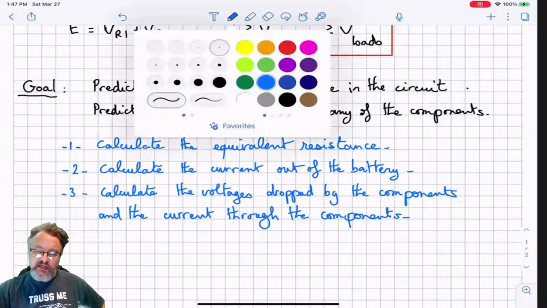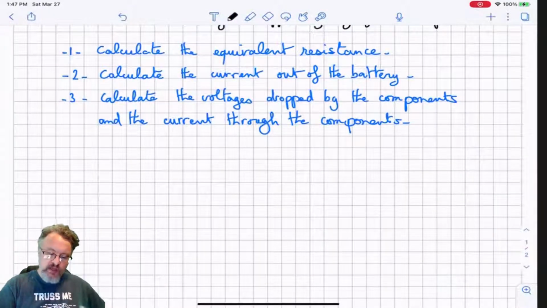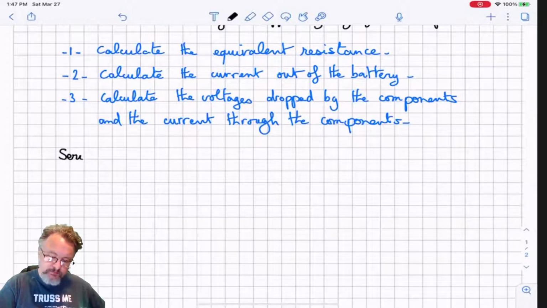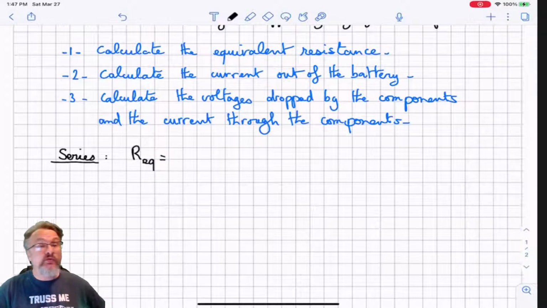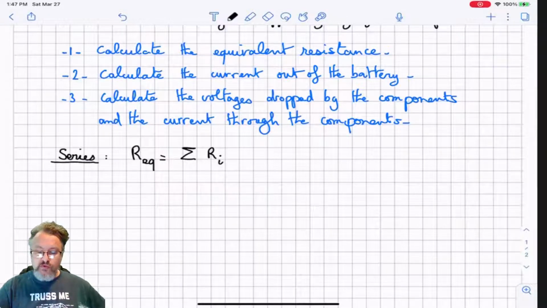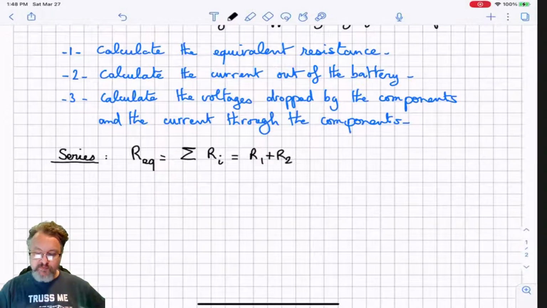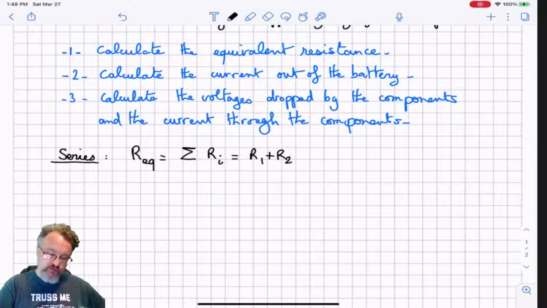Well, since today we are focusing on series circuit, I'm going to tell you that in series, the equivalent resistance, which is what we need to do for the first part right here, is equal to the sum of the individual resistances. Okay, so if you look at our diagram above, essentially it's going to be just R1 plus R2. It's very, very simple. Okay, for series, it's not the same formula for other things. Okay, so this will be for part 1.